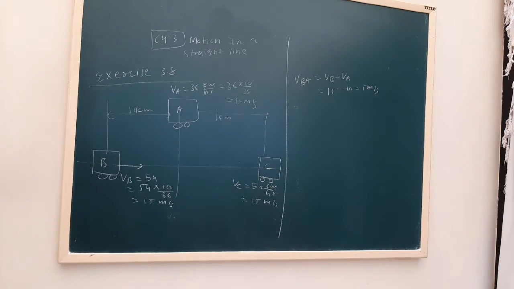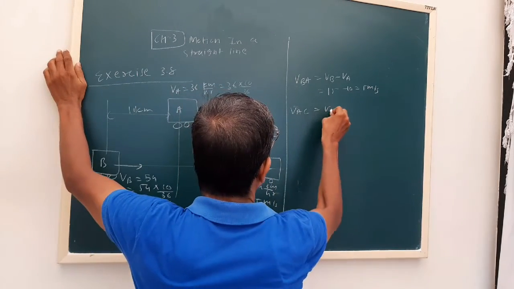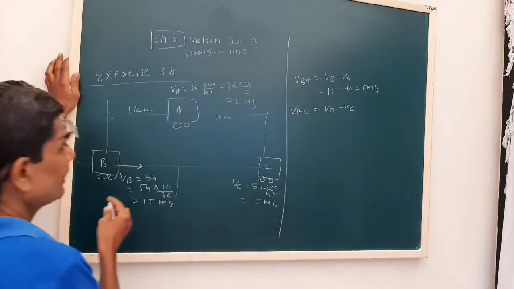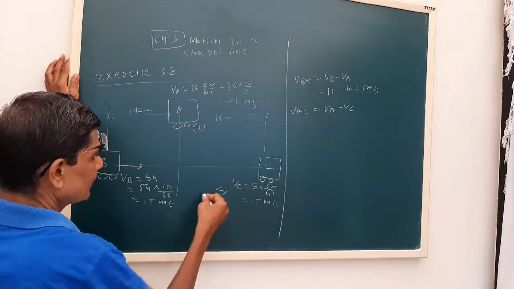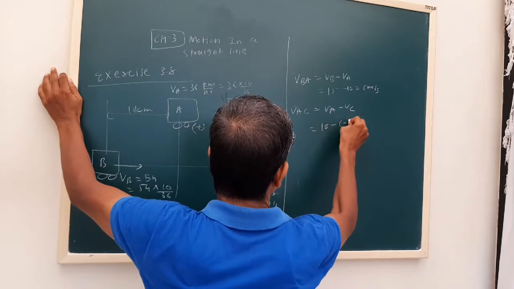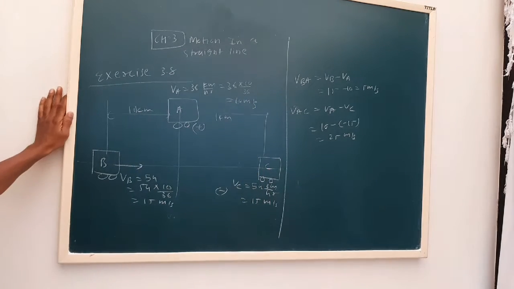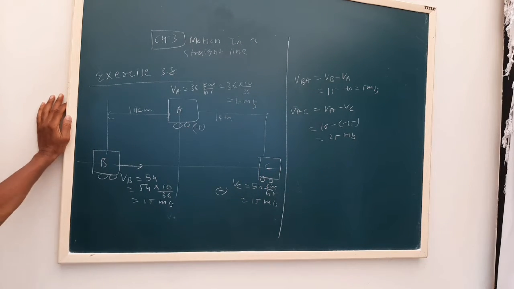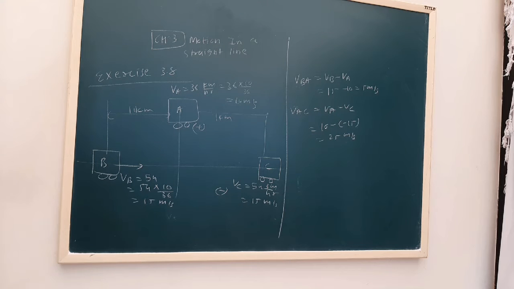Okay, and what should be V_CA or V_AC? Now see, by convention right hand side we consider positive, so left hand side should be negative. Okay. Now B moves with a constant velocity, C moves with a constant velocity.